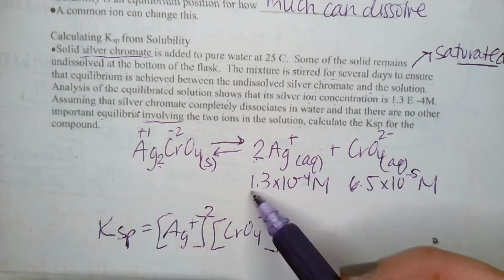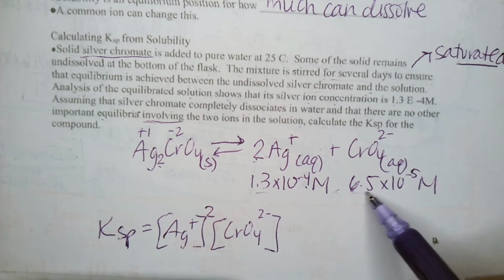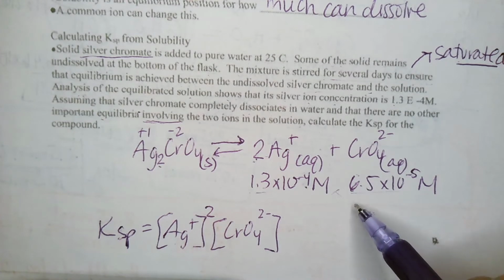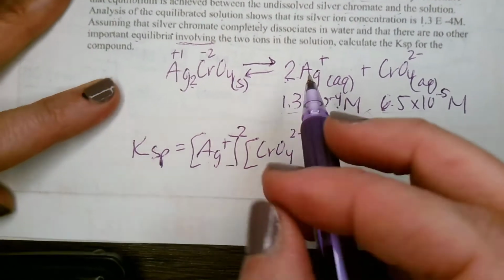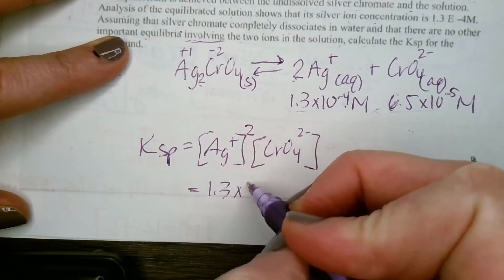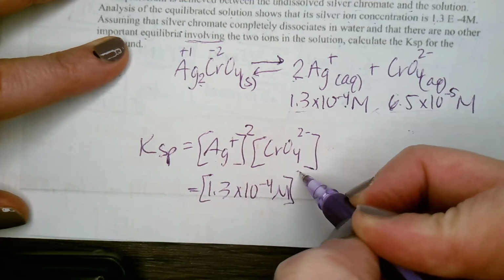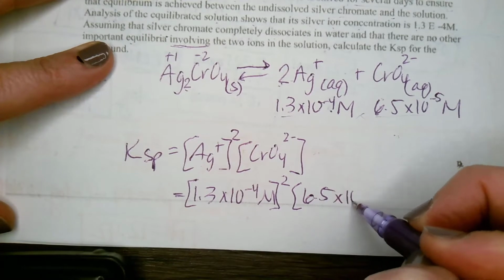And I know that because I can take this molarity and say there's 2 moles of silver for 1 mole of my chromate. So I just took this divided by 2. Now I just need to plug it in, and I need to take my silver, my 1.3 times 10 to the negative 4th M. We're going to square that, and then times that by 6.5 times 10 to the negative 5th.